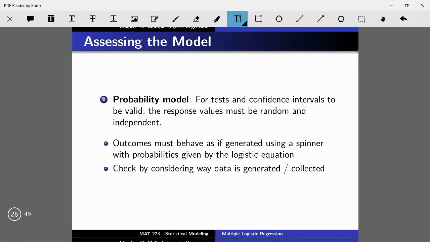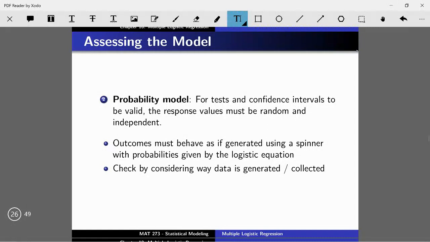So maybe you have a little circle with a spinner on it, with two colors on the circle, and you flick the spinner and see what proportion of the time it lands on red or blue. That sort of random probabilistic outcome that's still binary or categorical.